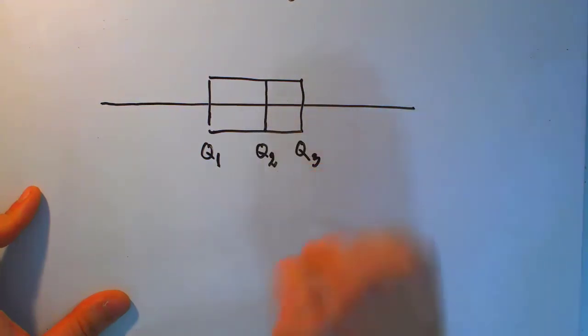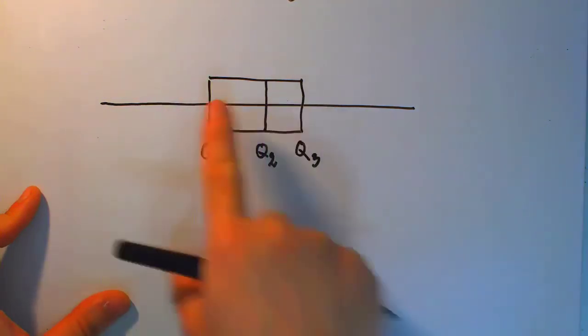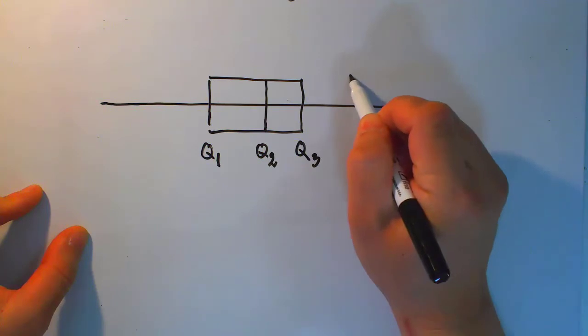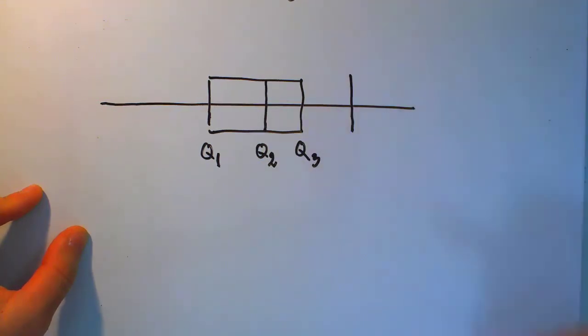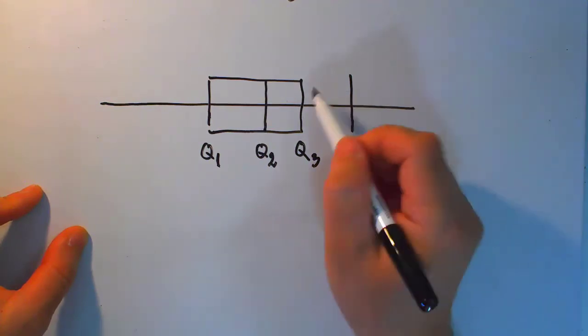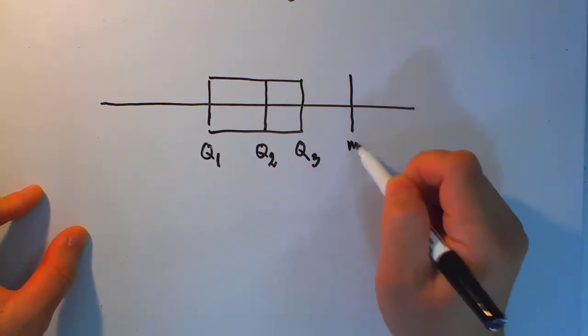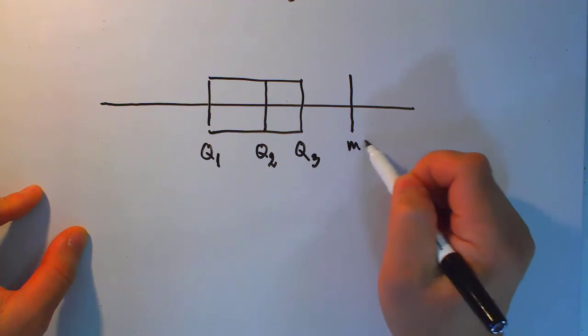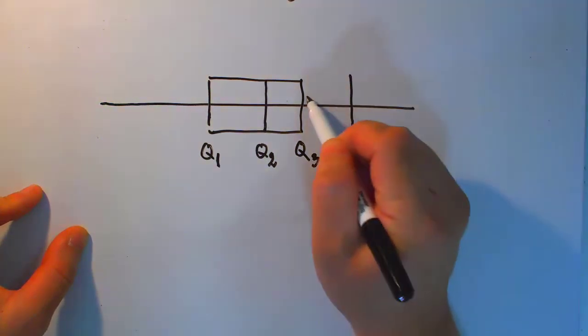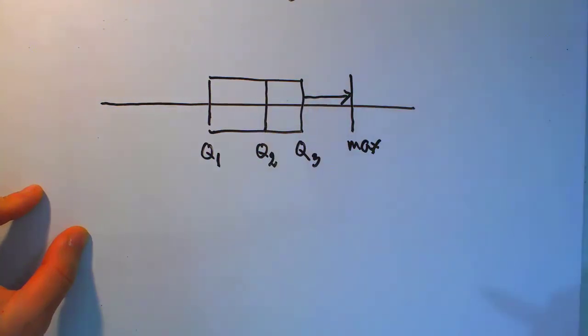And I don't even need to worry about the numerical labels on these. And we have another solid vertical line to the right of your box. Remember from the example we did, this must be the maximum, even though there was no numerical label. And then the arrow points out to it.